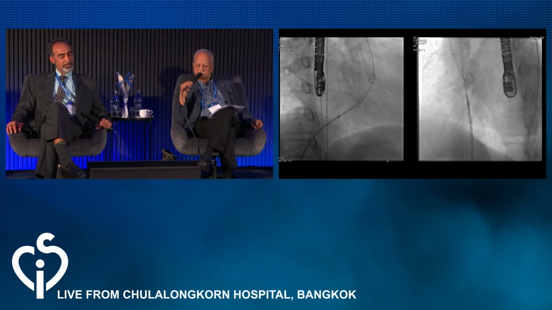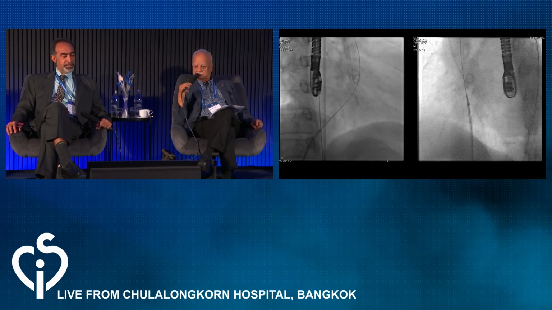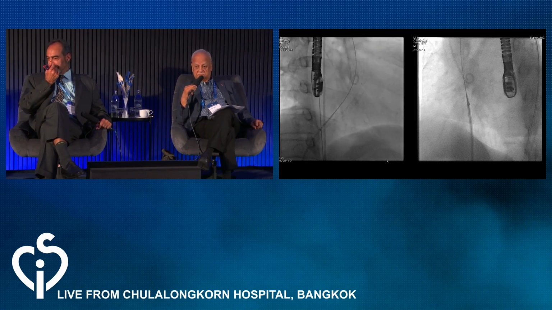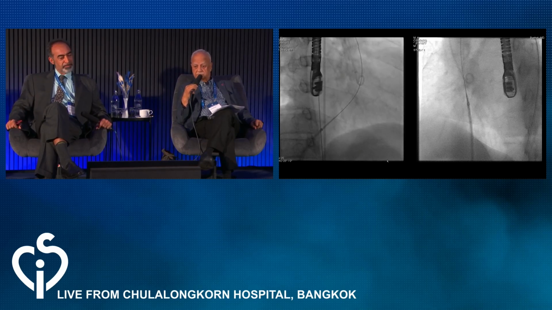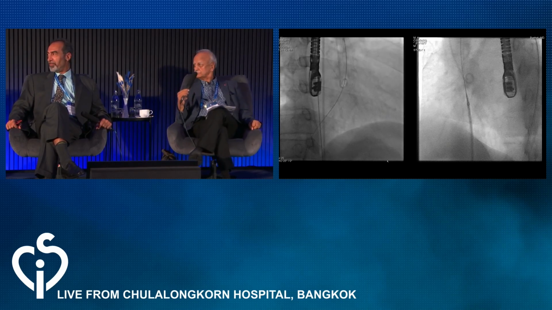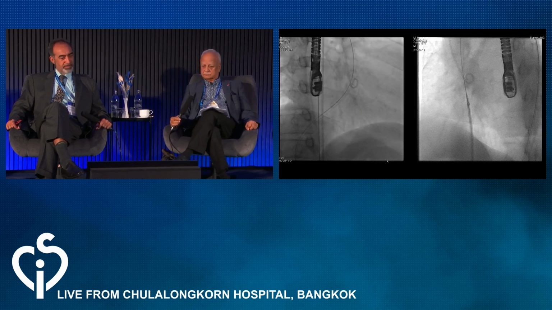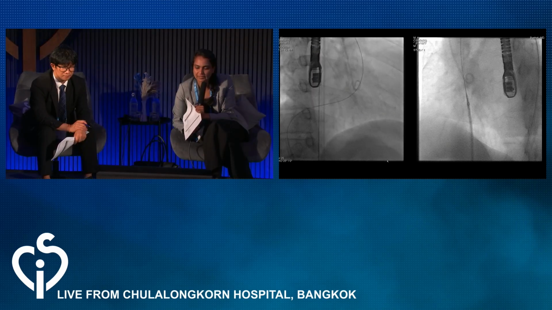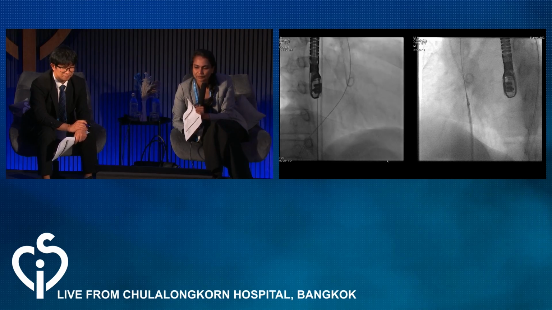But at this moment, I cannot pass the sheath. It might be helpful to have something over the wire from the aortic end and use a kissing technique, just like we would use in a VSD closure, to smoothen that transition.